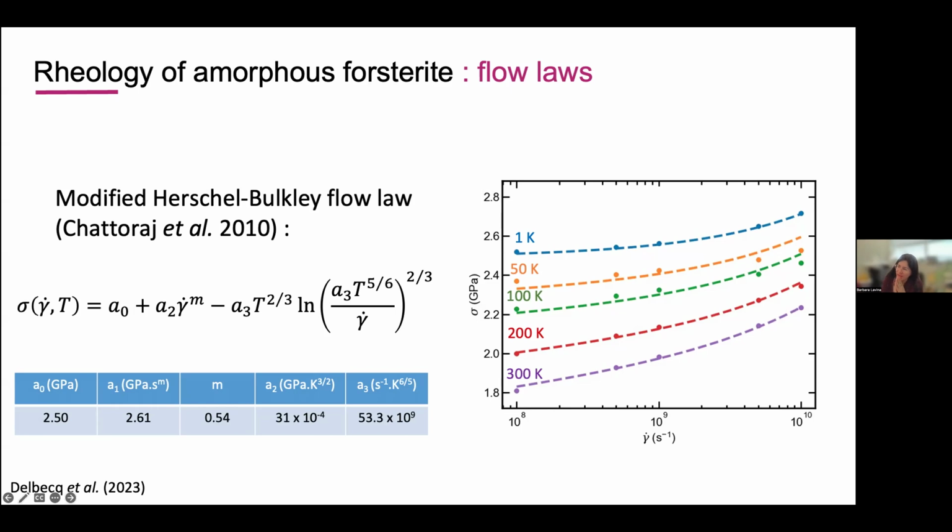And finally, was there some report of natural amorphous olivine from meteorites or shock? Yes, shock. Before that, amorphous olivine was reported from shock experiments, and that dates back to the 70s. So yes, it has been recovered from nature for a long time.